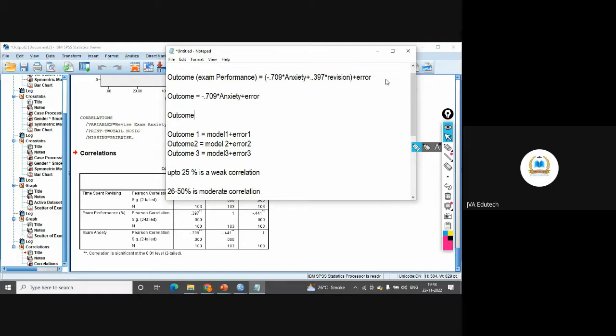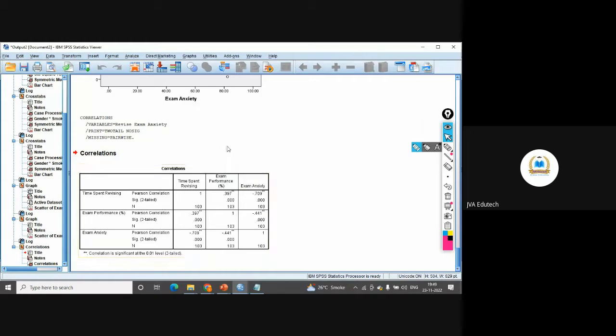Outcome 2 is equal to 0.397 into revision plus error. Right? Yes, sir. So like this, again, it will be more error. So I have modeled all the equations at once. Means all three variables I have done the correlation at once.